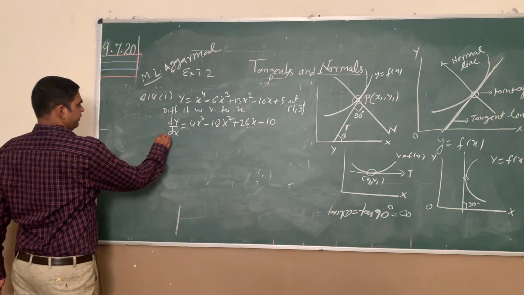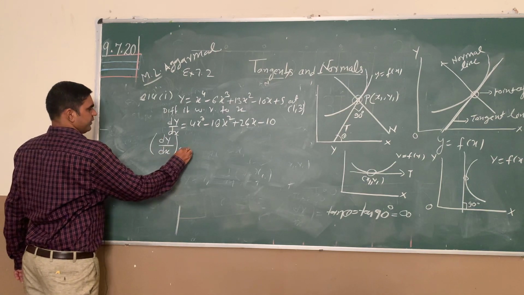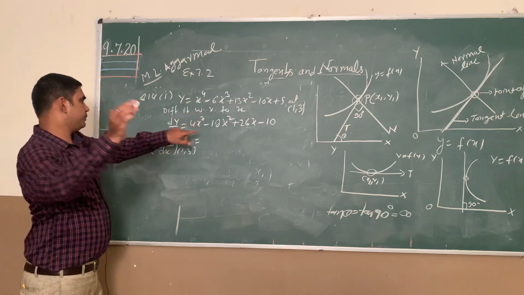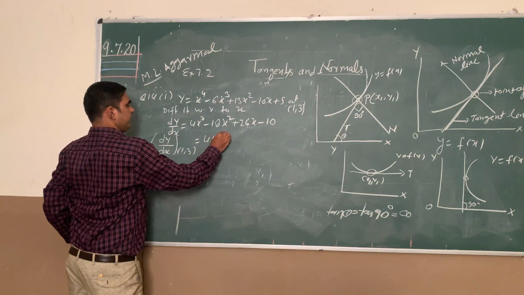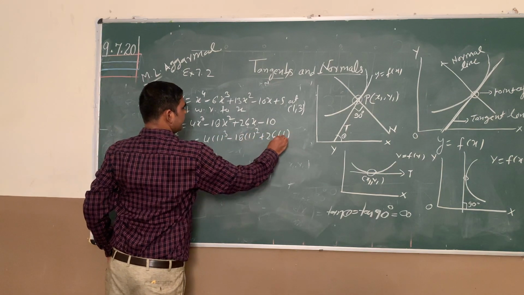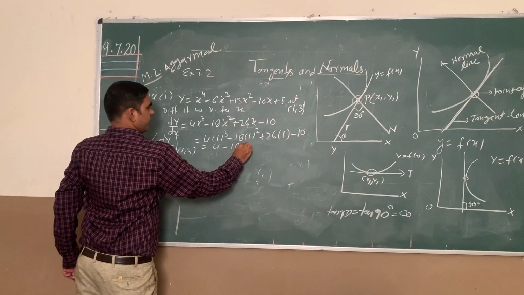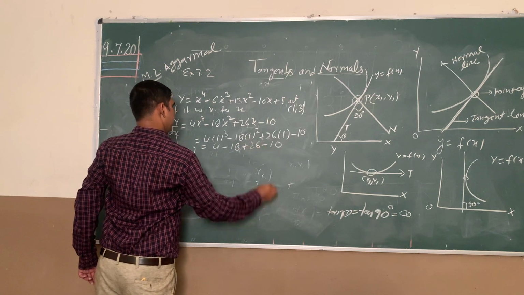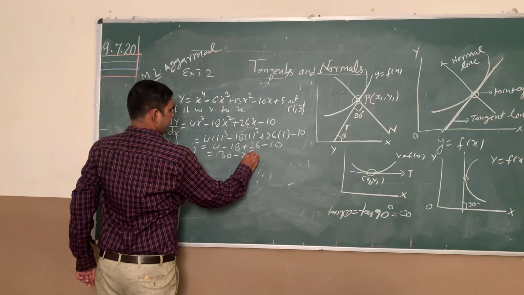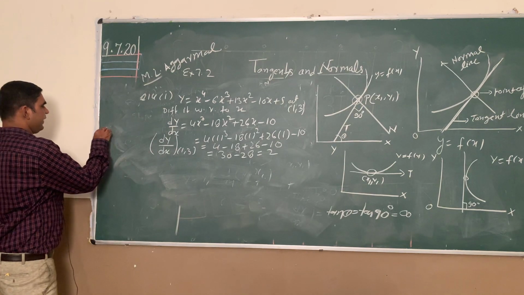After that, put the value of the point 1 comma 3, x equal to 1 and y equal to 3. So we put x equal to 1 in this slope: 4 times 1 cube minus 18 times 1 whole square plus 26 into 1 minus 10. So 4 minus 18 plus 26 minus 10. Now 30 minus 28 will be equal to 2. So this is known as the slope of the tangent.